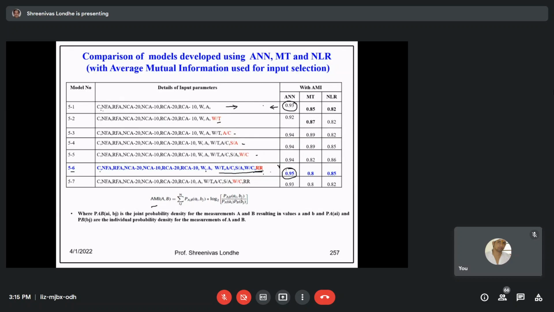There is an increase, no doubt about it. So I would select this. But in case I do not have these particular non-dimensional parameters, or if they are not measured, in spite of that also, I could get a good performing model. That is the conclusion of this particular work.